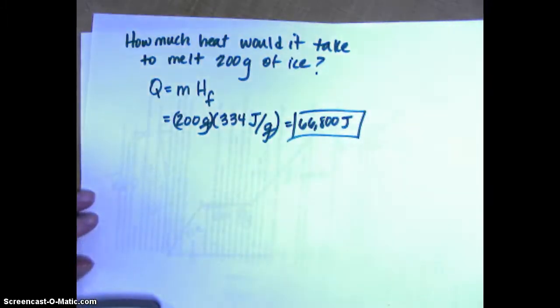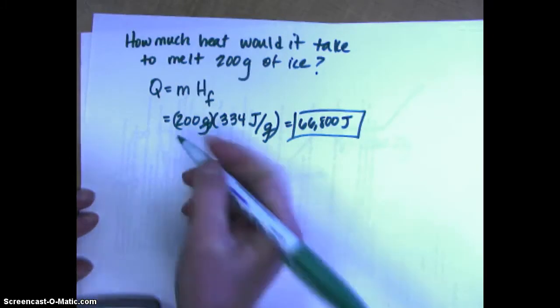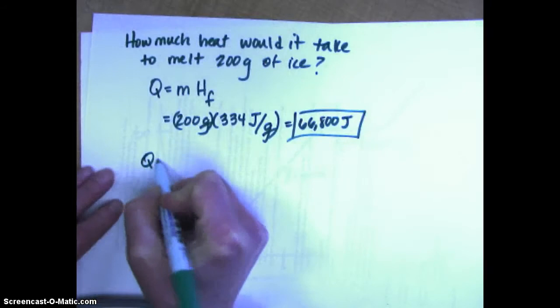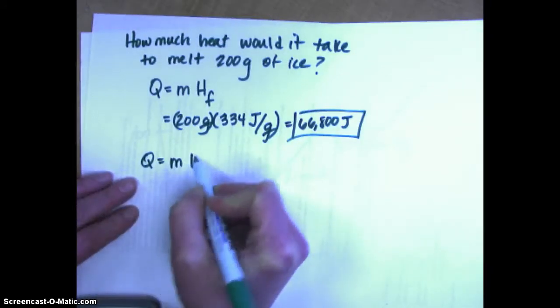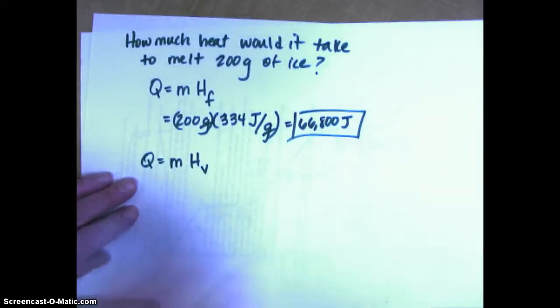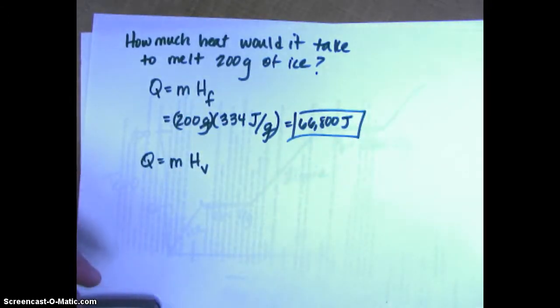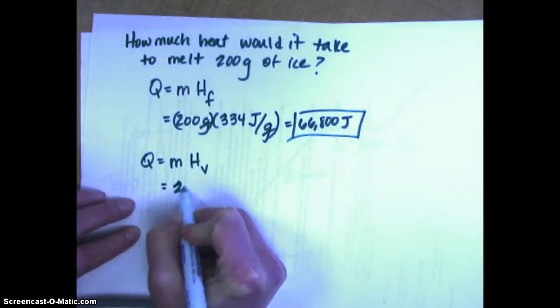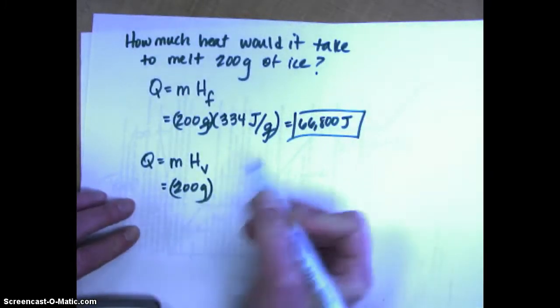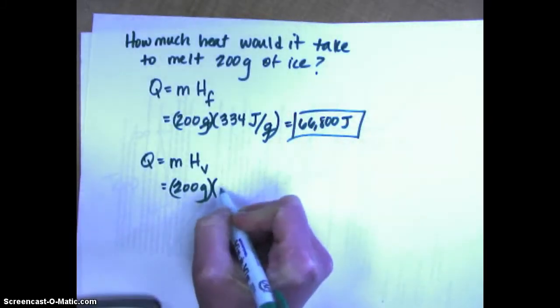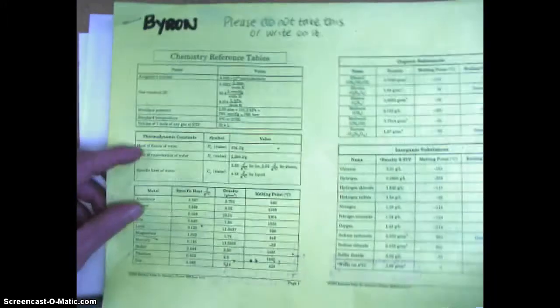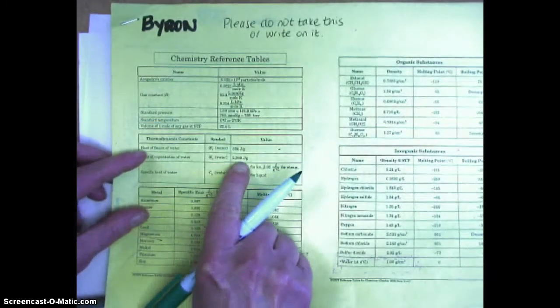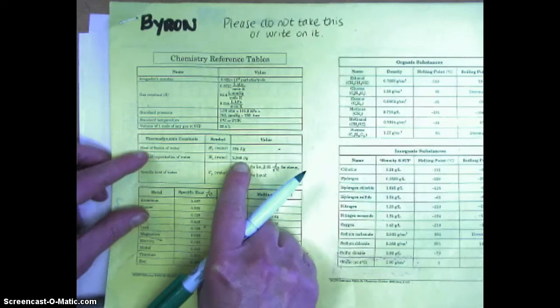Now, if I wanted to boil that same amount of liquid water, I would say Q equals m times the heat of vaporization. Remember, we use the abbreviation H for enthalpy, and enthalpy is heat content, so it's the same H. That's going to equal 200 grams of liquid water in this case, times the heat of vaporization for water, which is 2260 joules per gram.